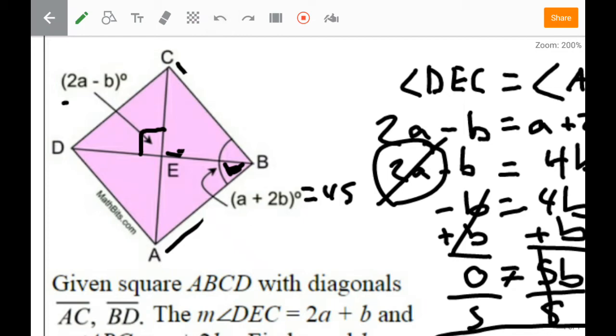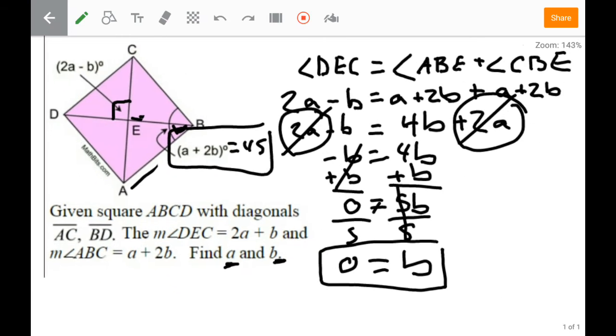This one, 2a minus b, remember, that's equal to 90 degrees. So in order to figure out what a is going to be, you got to keep in mind those two things. So I will pick this right here, to figure out what the value of a is going to be.